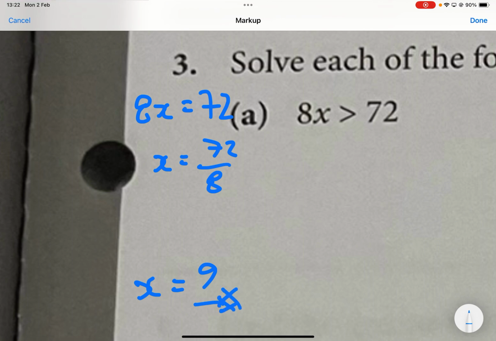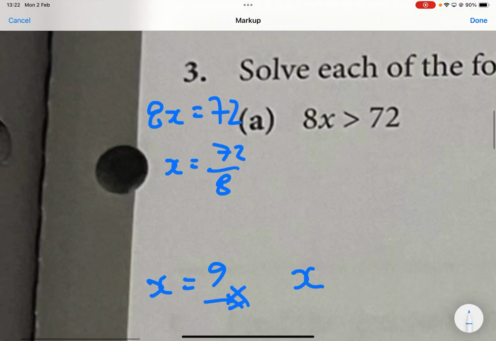Okay? So when I'm solving inequality, this time round, this is an inequality. It's not equal. They say 8x bigger than 72. So when I'm solving, actually the same one. I want to finally have x on one side, all the numbers on the other side.